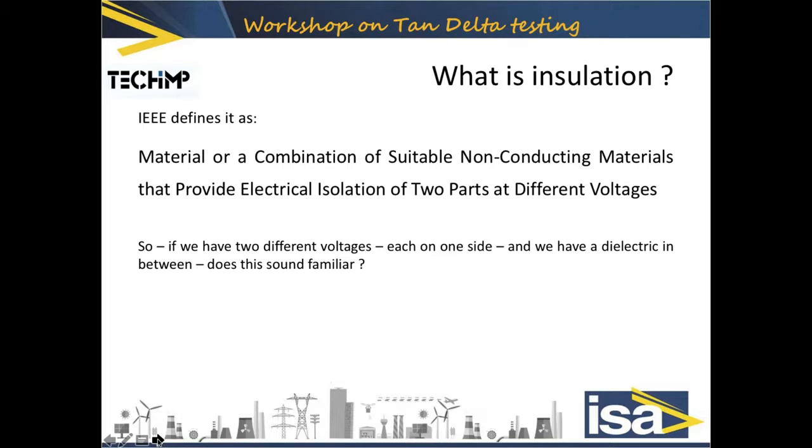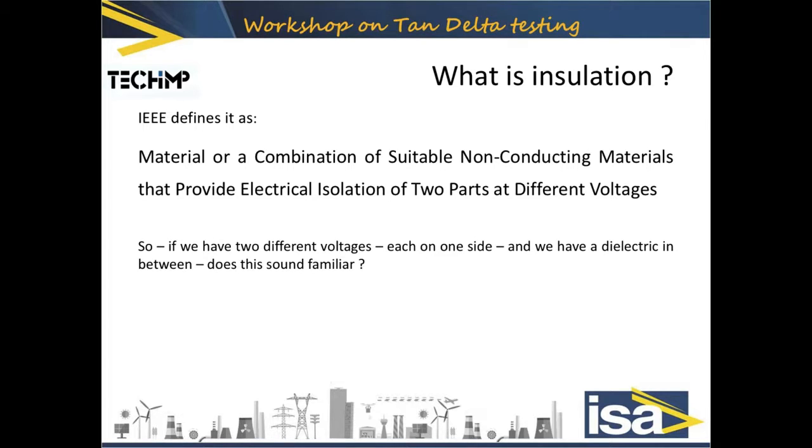Well, before we answer that, let's just define the insulation. Insulation is, as IEEE defines it, material or a combination of suitable non-conducting materials that provide electrical insulation of two parts at different voltages. So in short, insulation is something we put between two conductors if we don't want any electricity running between these two conductors.